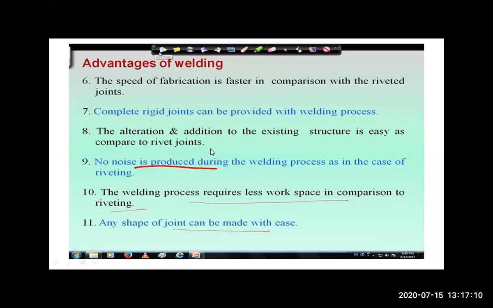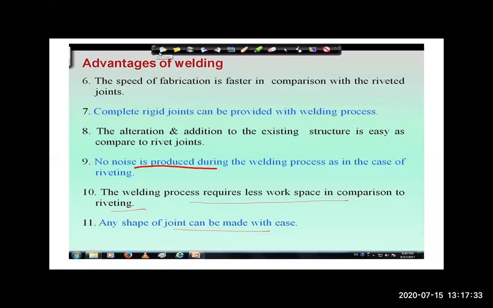So here the comparison is with rivet, not bolt. The bolted joint is always better for alteration and addition. Alteration means in a bolted connection we can easily remove a bolt and place another bolt.